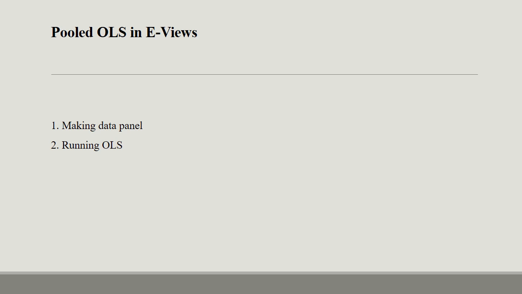So in case of estimating pooled OLS in eViews, first of all you have to convert the data into panel. Earlier you have used eViews either for time series data or for cross-section data. So when you are going to use panel data, first of all you have to convert the data into panel, then you can run the ordinary least squares.